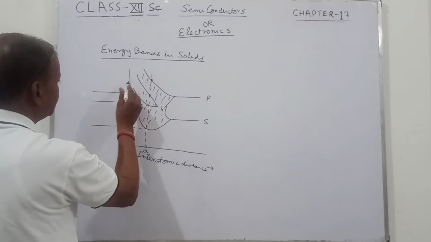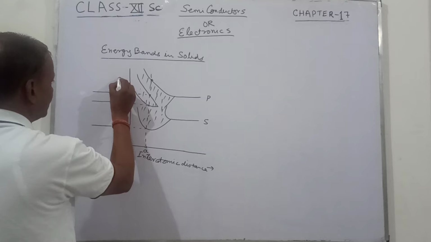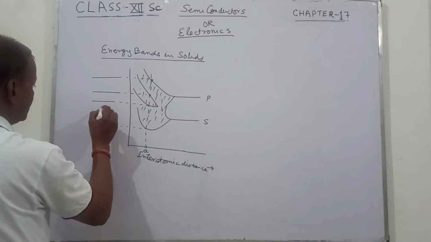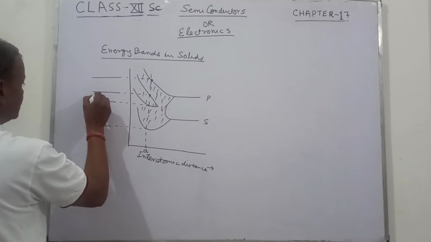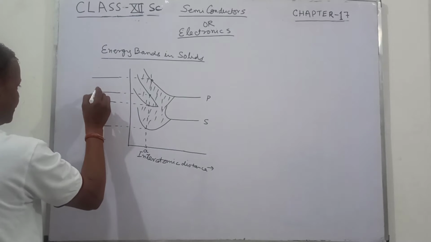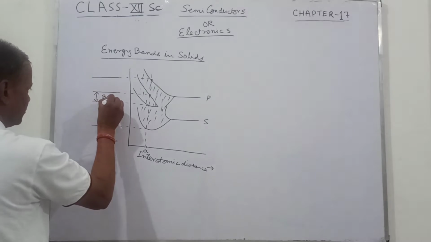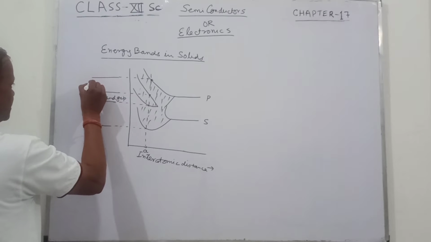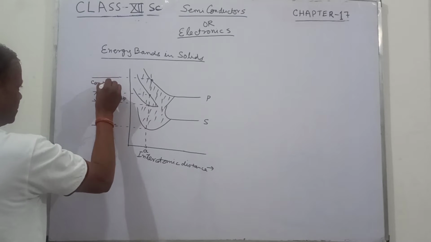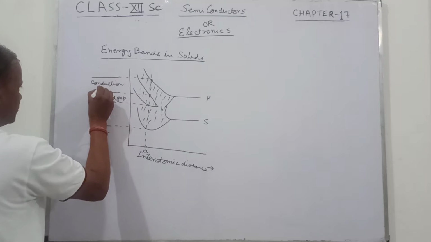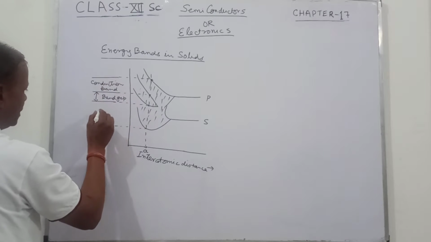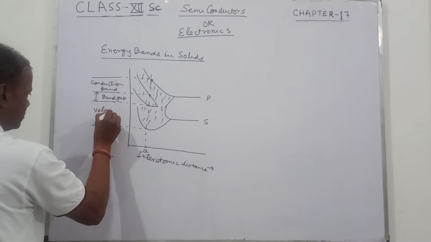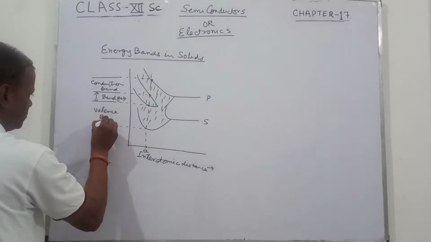Now here this is your band gap. This is conduction band. And this is valence band.